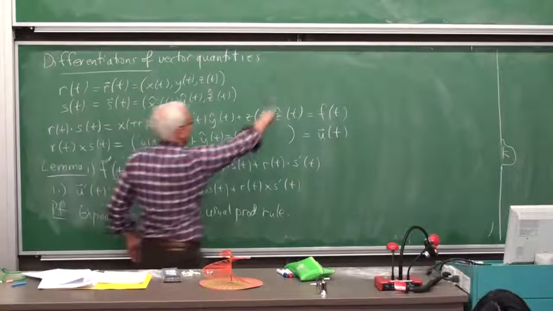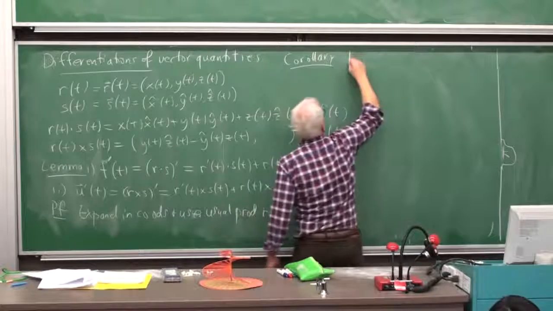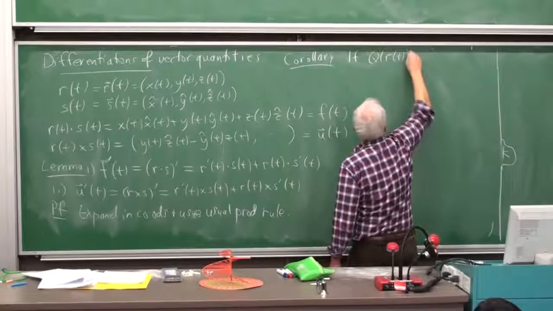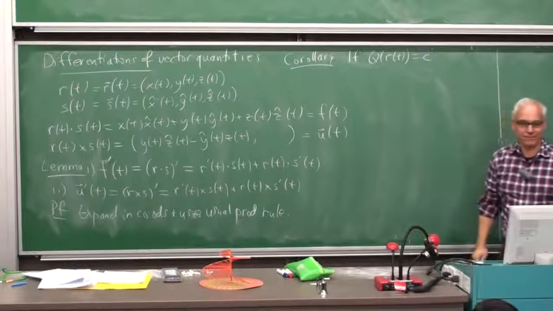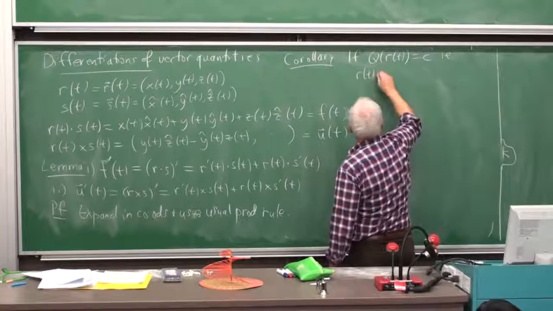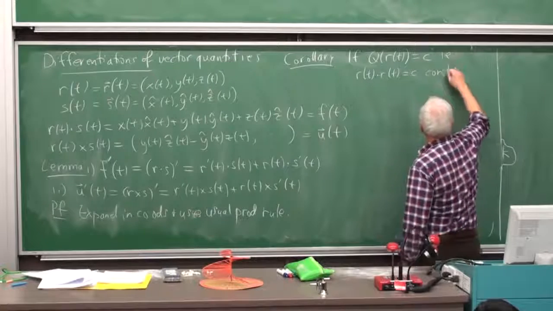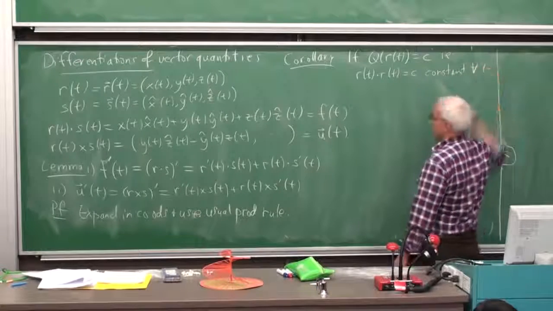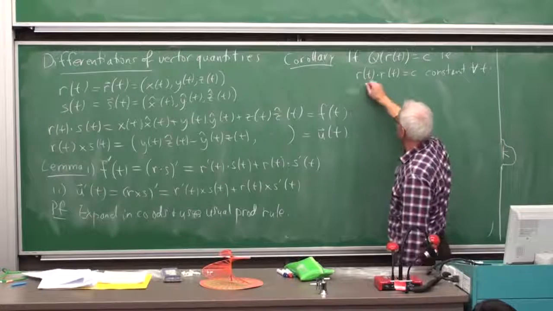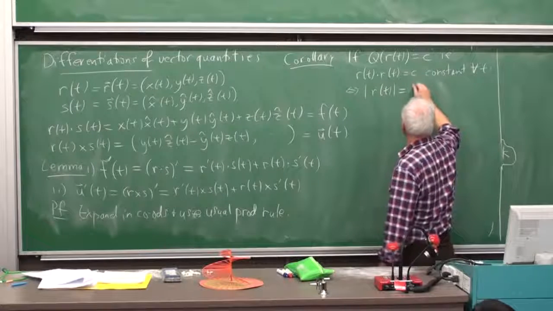So as a consequence of this, a corollary that's going to be very useful for us is that if we have the situation where the square of the length of a vector field is constant, i.e. that r of t dot r of t equals c, which is constant for all t, or equivalently, if you want to take the square root, the same thing as saying that the length of r of t is constant.